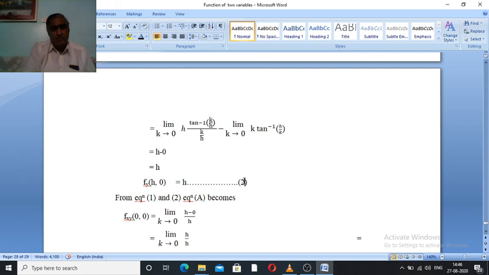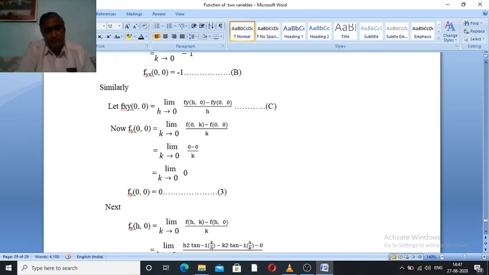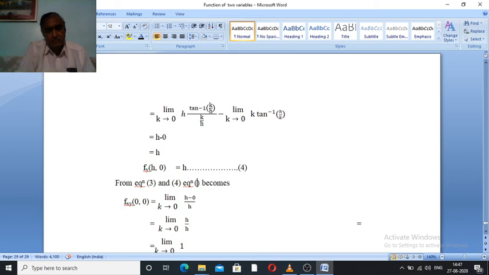From equation 3 and 4, equation C becomes f_xy at origin is equal to limit h tends to 0 of (h − 0)/h.